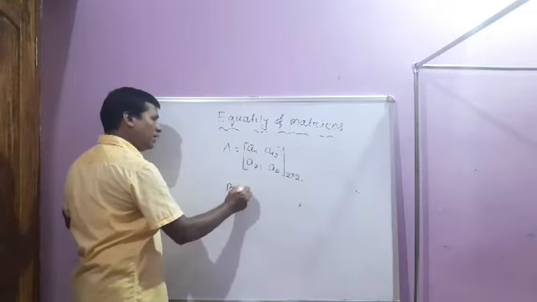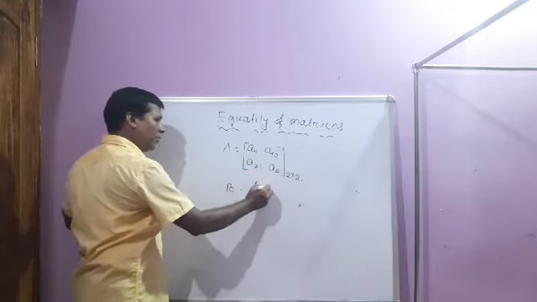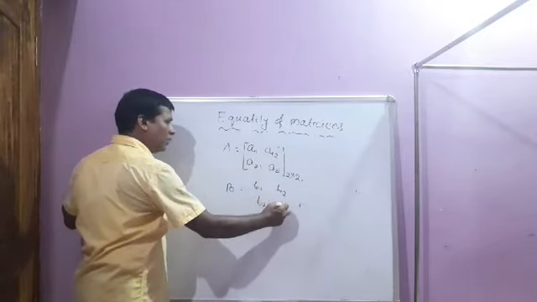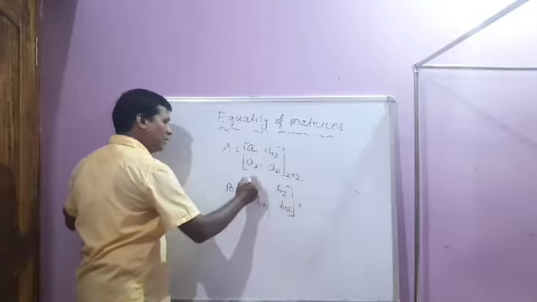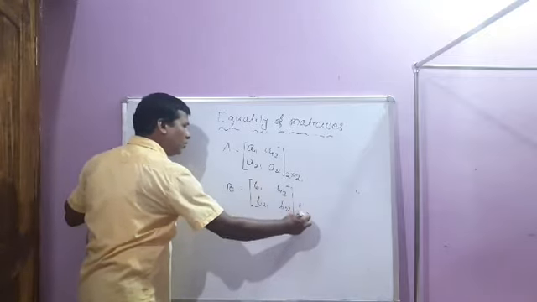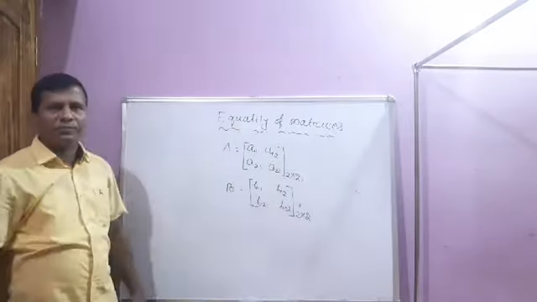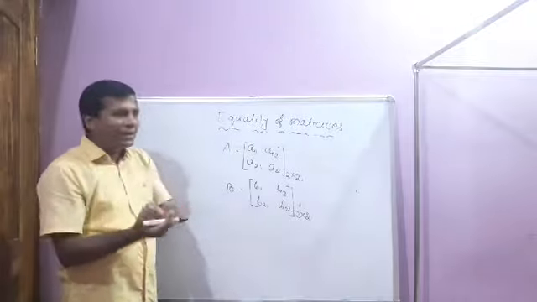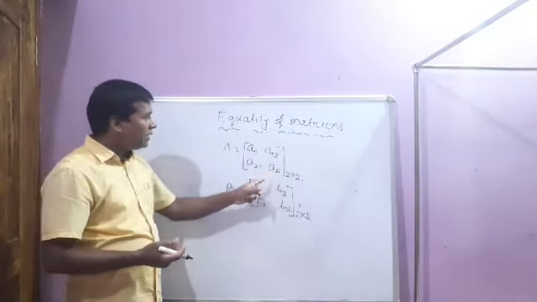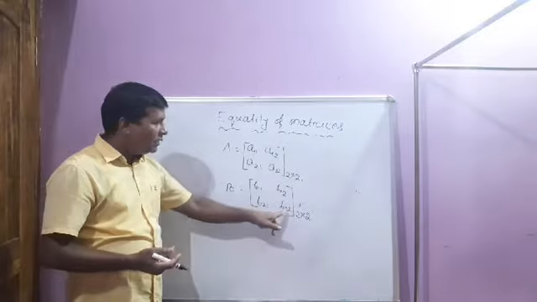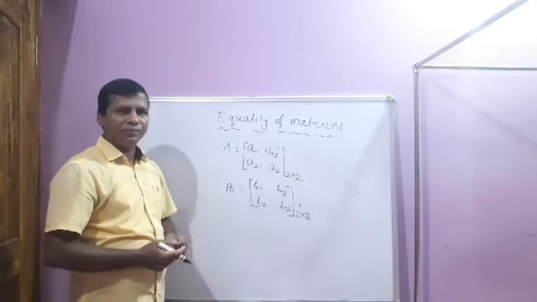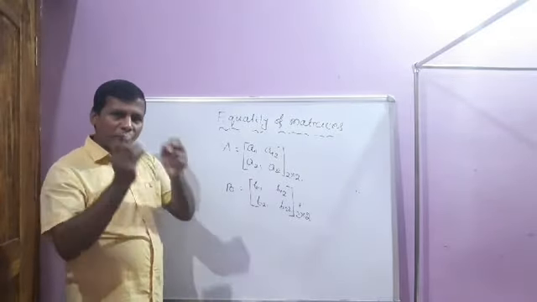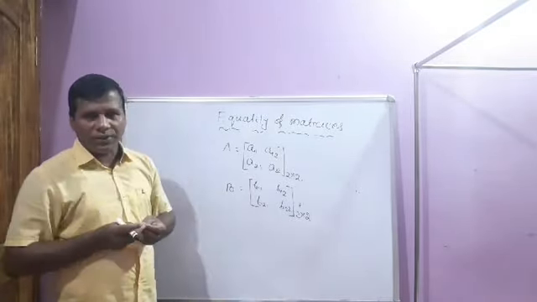B is another matrix equal to B11, B12, B21 and B22, which is also a 2 cross 2 order matrix. When A is equal to B, in this case Aij, that means A is 2 cross 2, and B is also 2 cross 2. Both are 2 cross 2 order matrices, where both m and n are equal to each other.